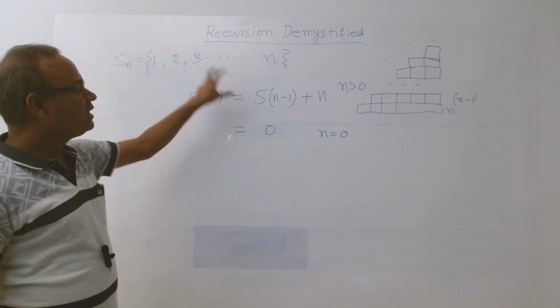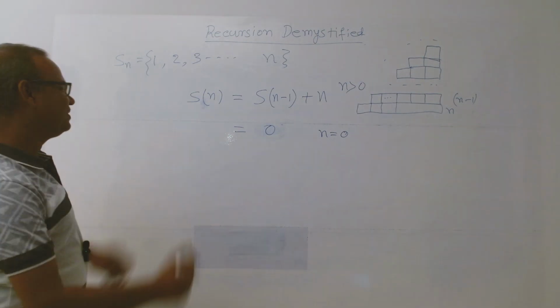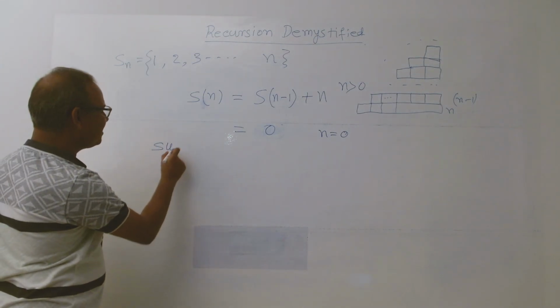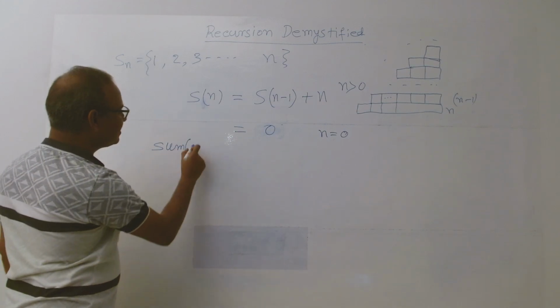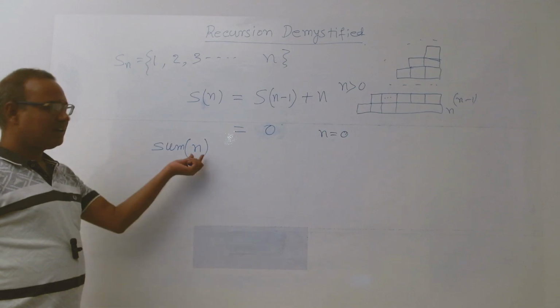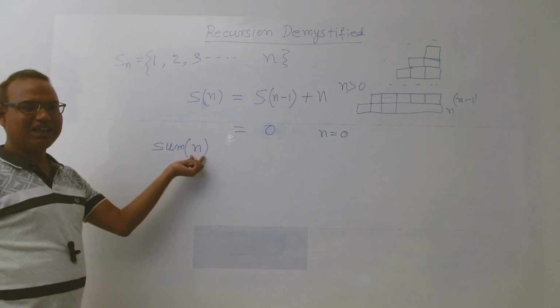So you can solve this recursion. How do you solve it? Simply write a program. The program name is sum of n. We have to compute the sum up to the n element.